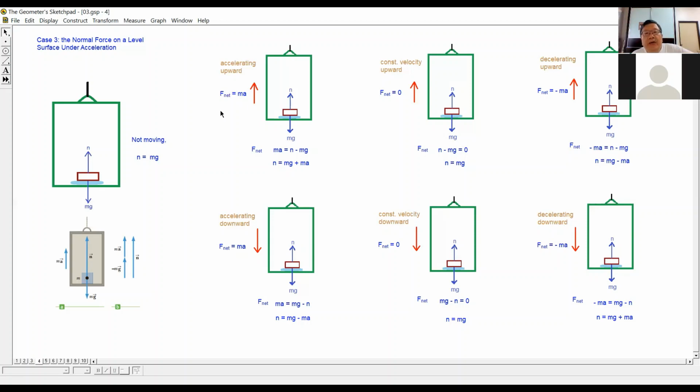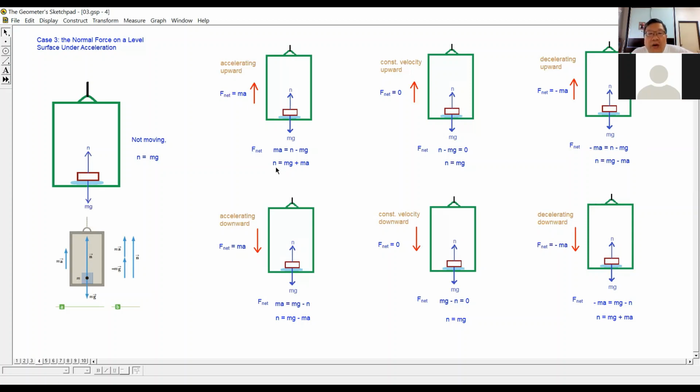So we use the upward force minus the downward force. Looking at all these three cases, I use the upward force, which is the normal reaction, minus the weight, the mg. In this third case also, I start off with normal force minus mg, because we are moving upwards, which means the upward force is bigger. We always start with normal force minus mg.